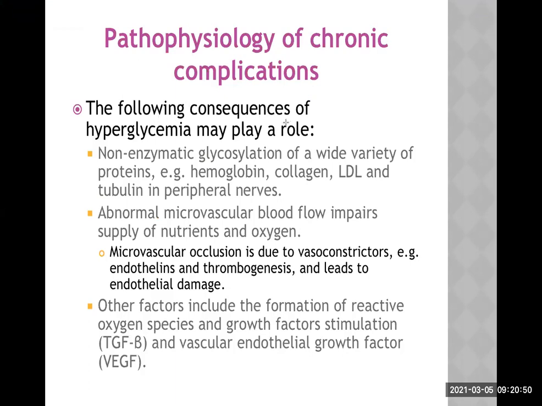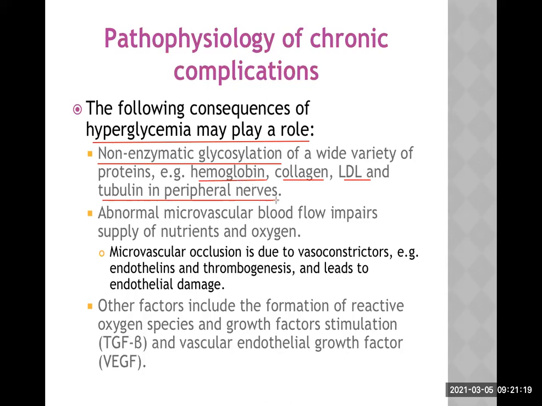The following consequences of hyperglycemia may play a big role. Like there is non-enzymatic glycosylation of a wide variety of protein like hemoglobin, collagen, LDL, and tubulin, which is present in the peripheral nerve. Now, what happens? Glucose will stick to these different types of protein.